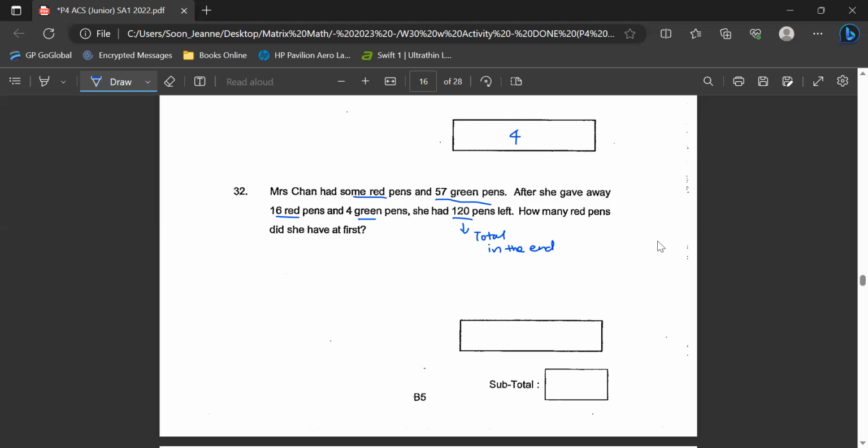So I have to work backwards to find the total. So I have to bring back whatever pens she gave away, which are 16 red and 4 green. So the total at first, I just add up the ones that she gave away with my ending total. So 120 plus 16 plus 4, which is 140.